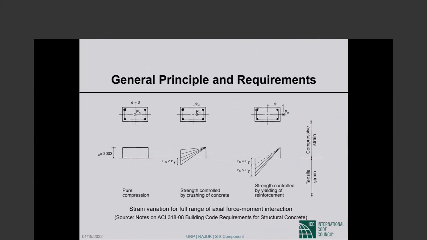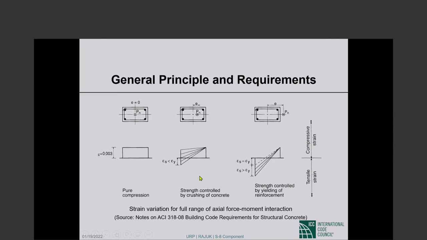Okay. I don't know that we need to spend a lot of time on this. When there is no eccentricity, theoretically at least, it's pure axial loading. This is your strain diagram, 0.003 across the entire section.